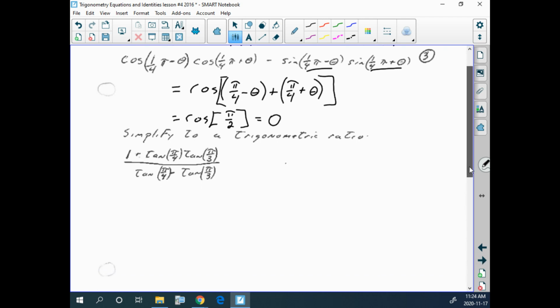Now here, I want this to be a single trig. I don't want to actually evaluate this one yet. Here I've given you something, and I want to see if I can use my sum or my difference identities to make it a smaller something. We have 1 plus tan pi over 4, tan pi over 3, over tan pi over 4 times tan pi over 3.